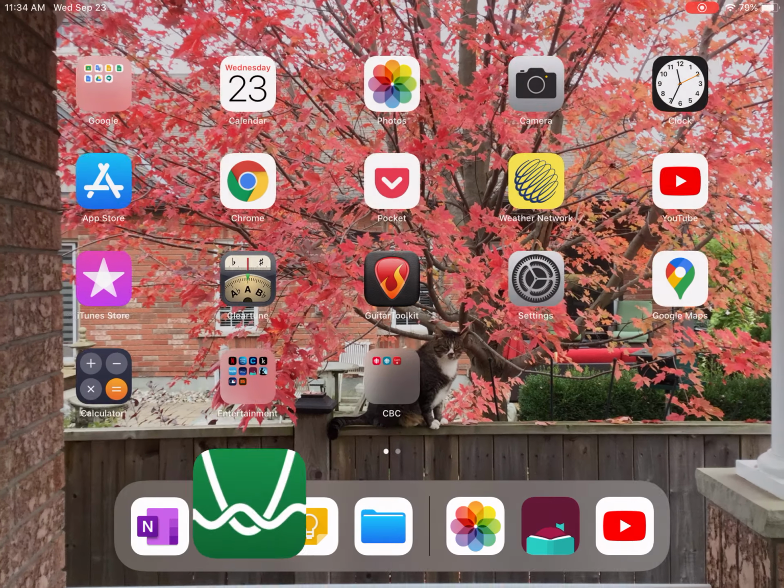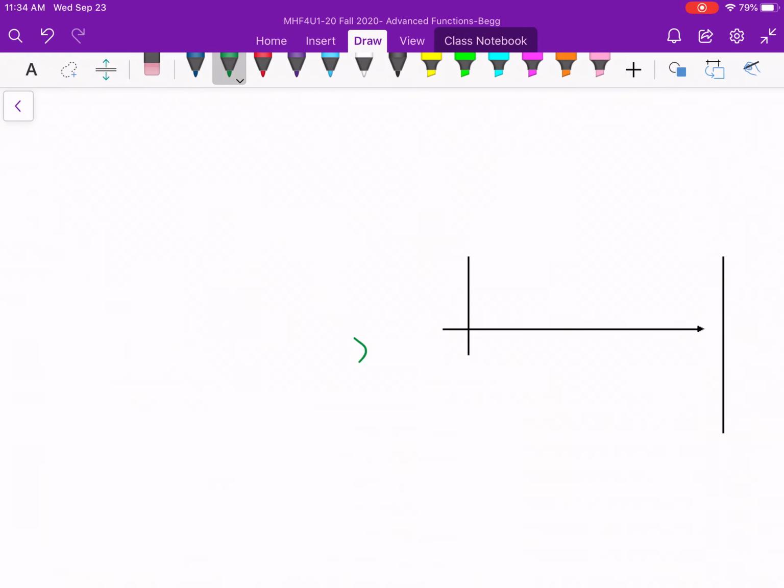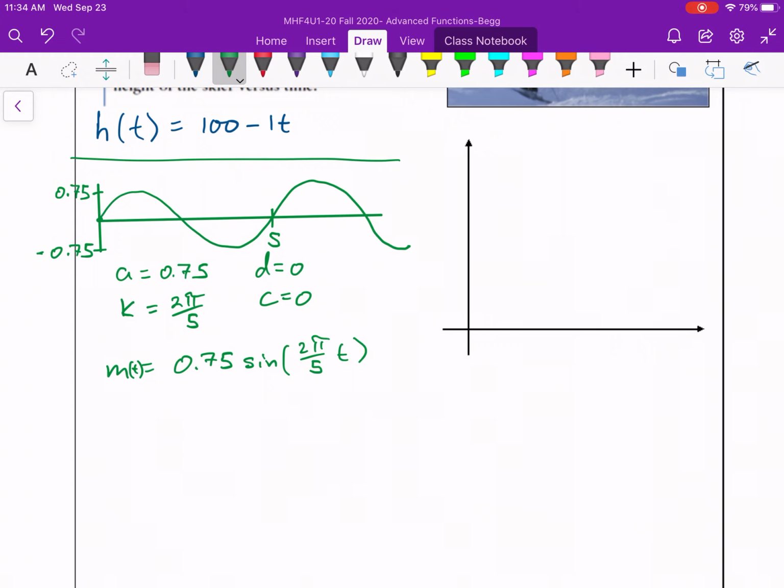All right, so how do we combine this into a ski hill?